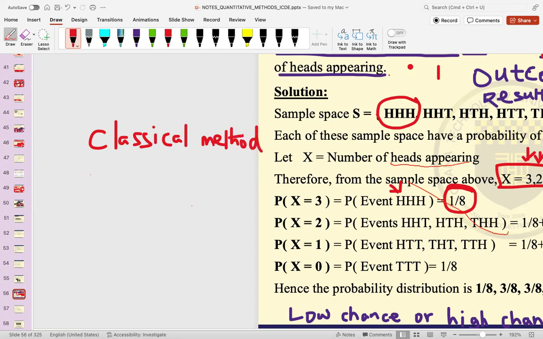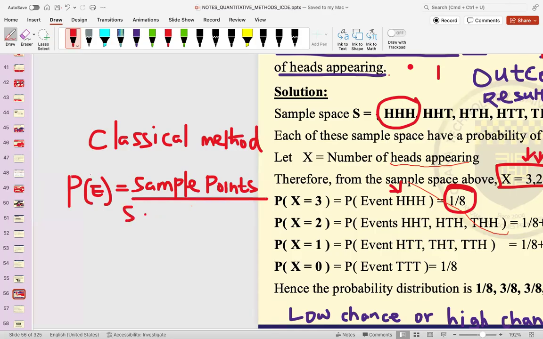It's giving us probability of any event E equals sample points divided by sample space.